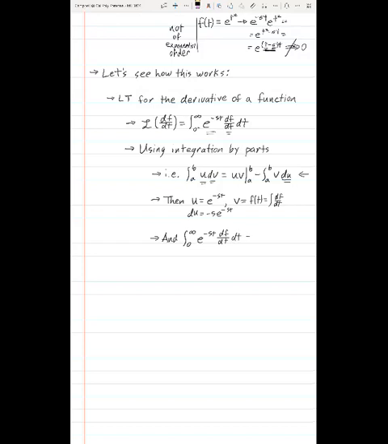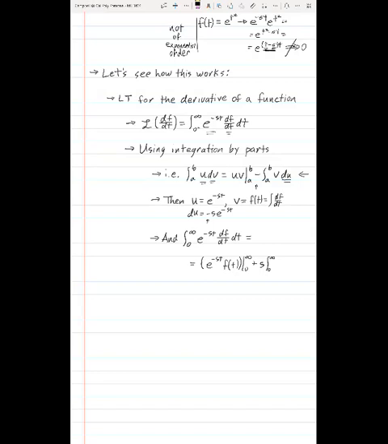And that's going to be equal to e to the negative st f of t, evaluated from 0 to infinity, plus, because remember we got a minus up here, and then we have our minus right here, so we can just combine those together into a plus s integral, because remember s is not a part of the integral.